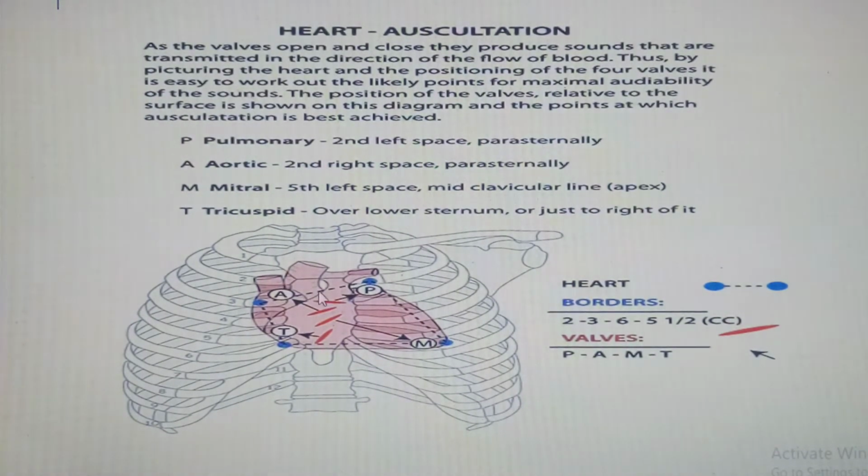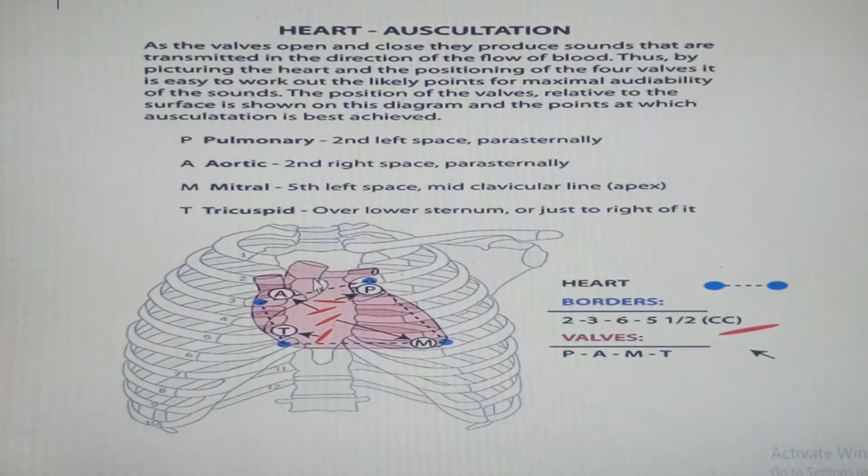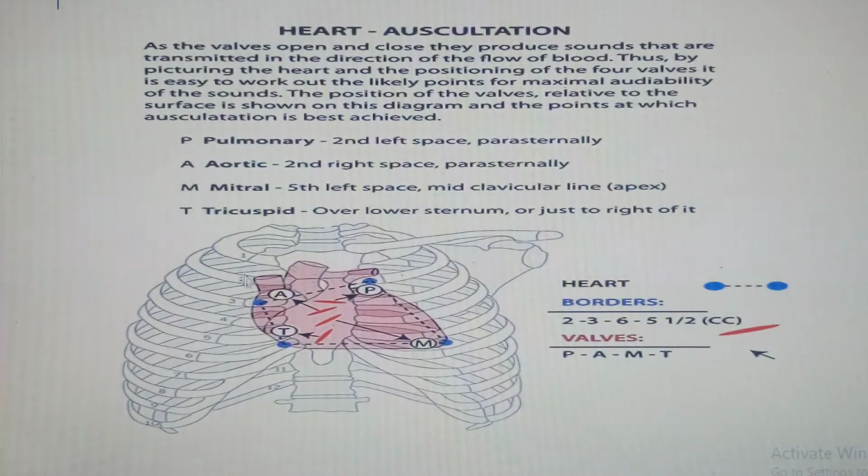That is why we need the angle of Louis in this regard. If we identify the sternal angle of Louis, which is between the manubrium and the body of the sternum, then you know that's the second rib. Above it, that's the first intercostal space. Below it, that's the second intercostal space.